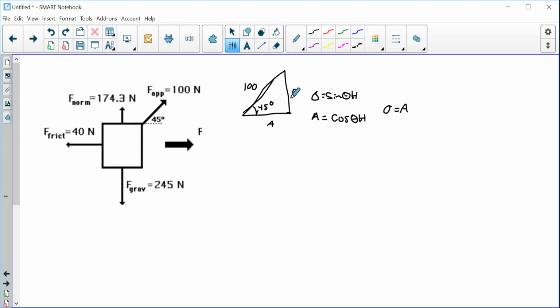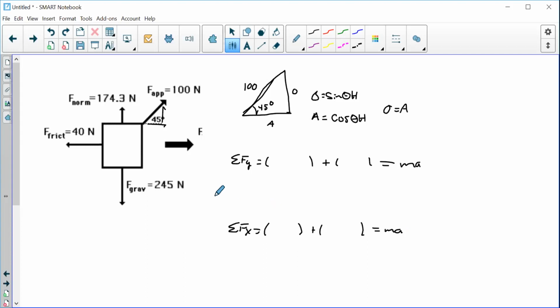Once you have these values, you will have access to all values in the positive and negative y direction and the positive and negative x direction. You then need to set up a sum of forces in the y direction where you have everything positive plus everything negative equaling MA. Then you come down and you do the same thing in the x direction, where you have everything positive plus everything negative equals MA.